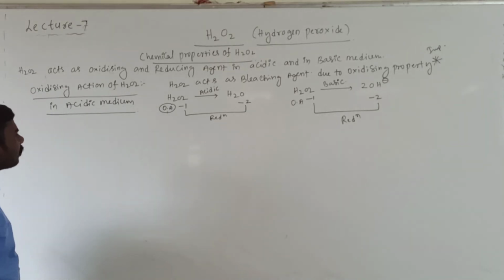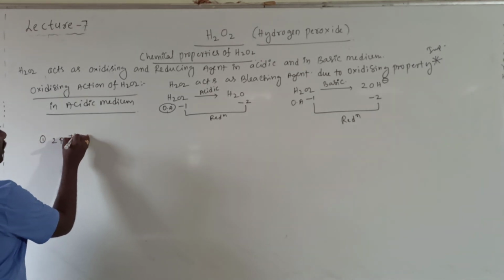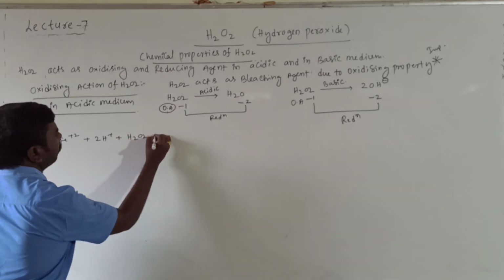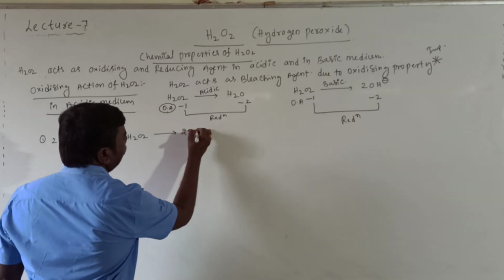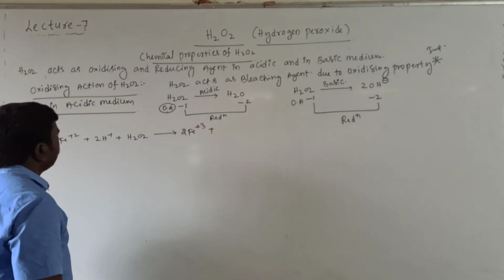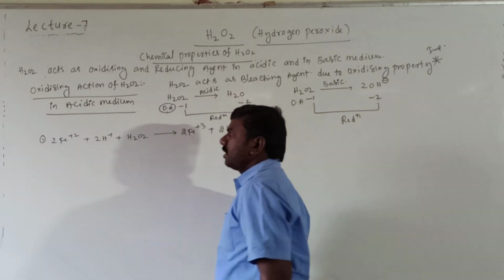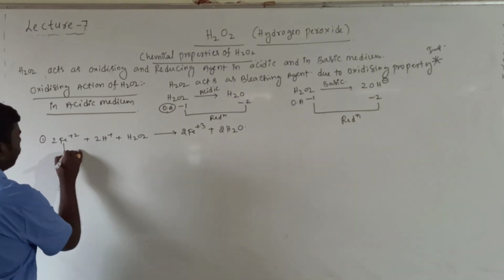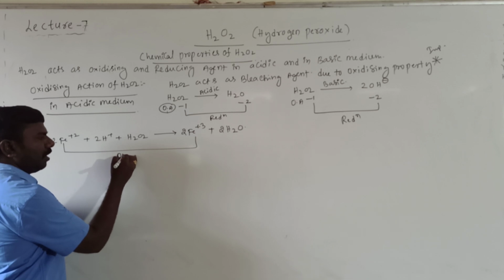First, 2Fe2+ plus 2H+ plus H2O2 gives rise to 2Fe3+ plus 2H2O. Fe2+ is converted into Fe3+. An increase in oxidation state is called oxidation.